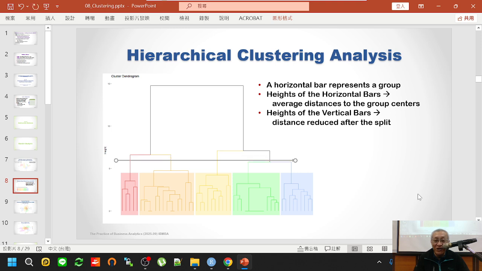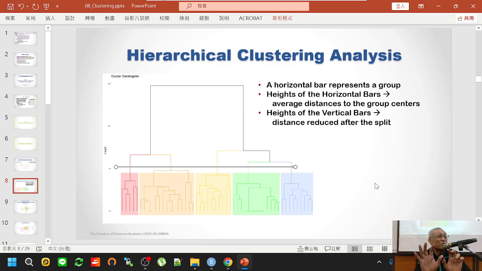And if I cut it here, I will have how many? 1, 2, 3, 4, 5. 5 groups. So now there's a question of how many groups is optimal, right? I will hold this question for later.